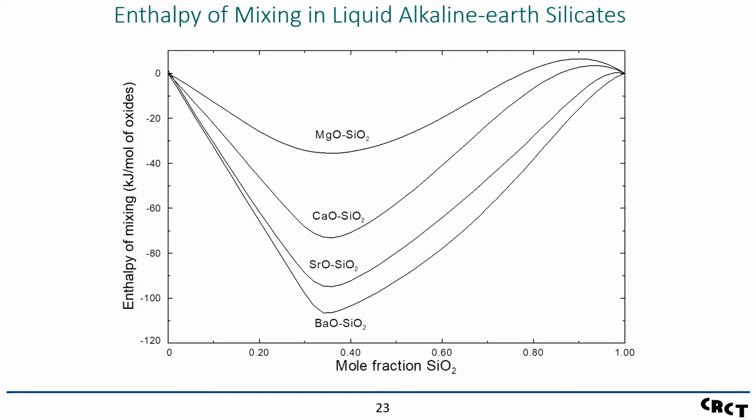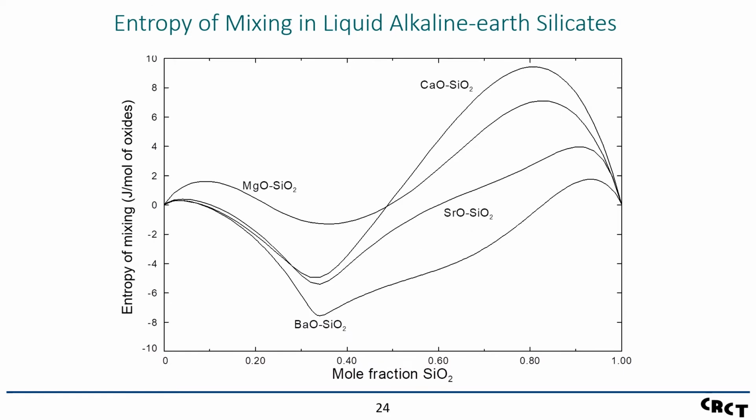Similarly, the enthalpies of mixing, as you go from magnesia to calcium, strontium, barium in the alkaline earth silicate systems, get more and more negative and more V-shaped around 33%, indicating strong negative deviations around this composition. Similarly, the entropies of mixing become more and more M-shaped, indicating short-range ordering again around 33%.